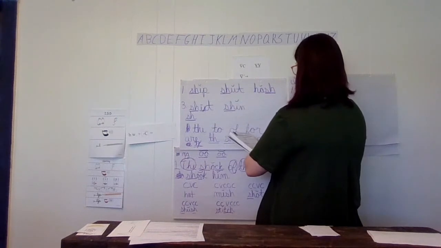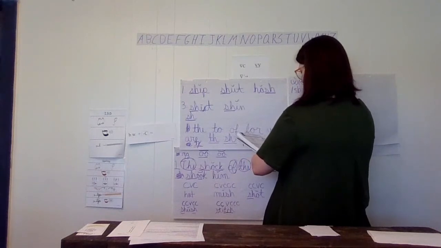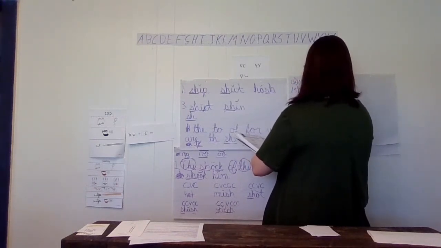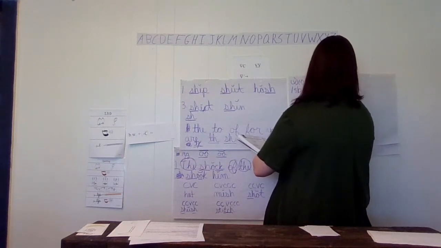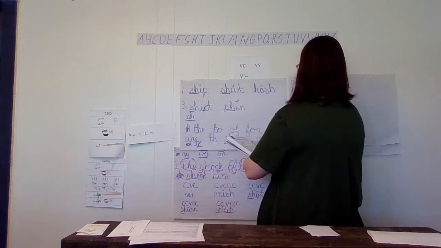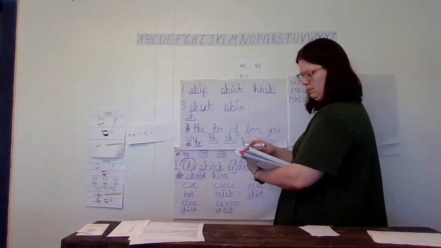A one-syllable base word with a middle long E sound is spelled with E. And if we hear sh, it is spelled with an SH.